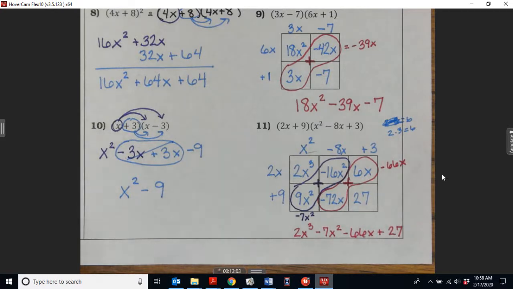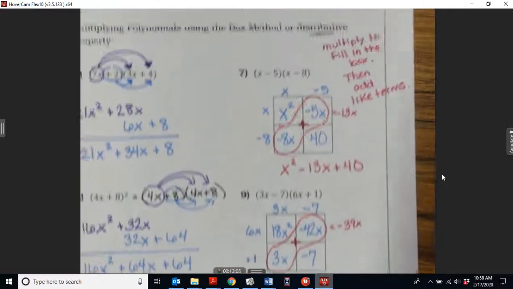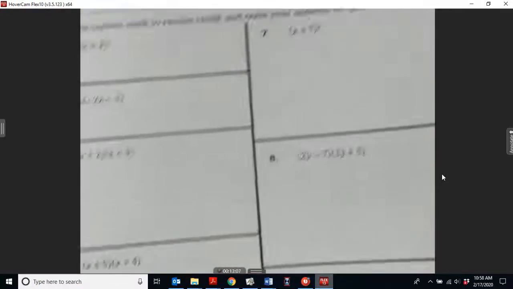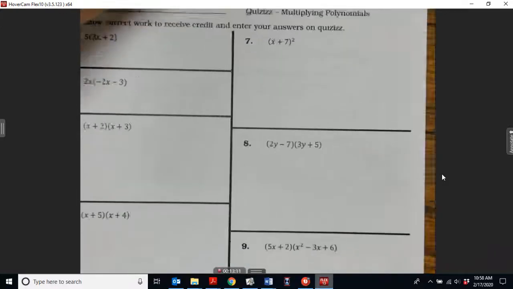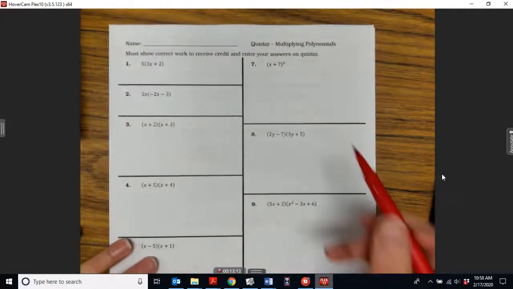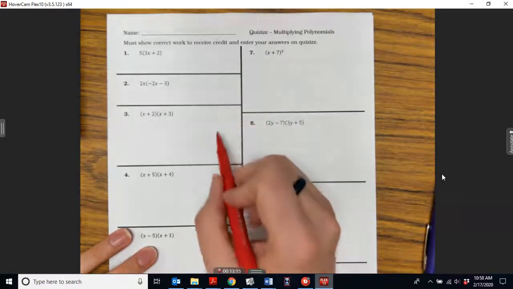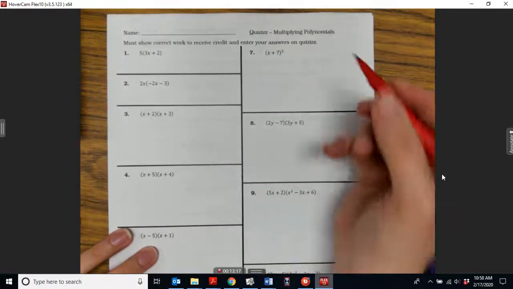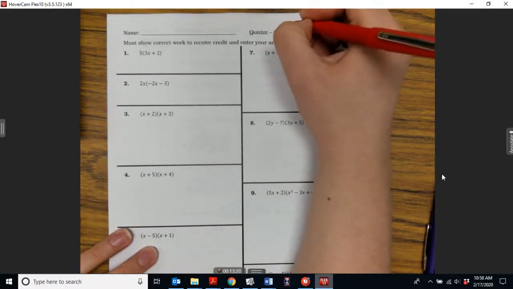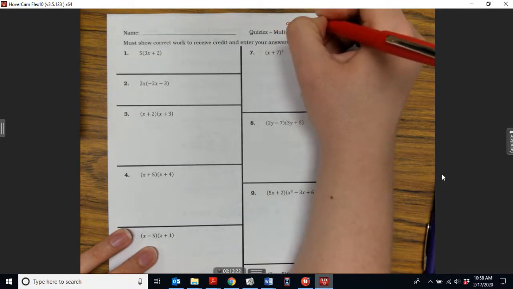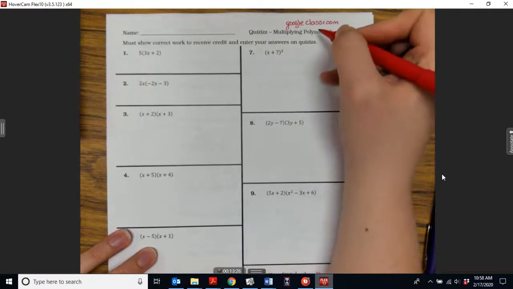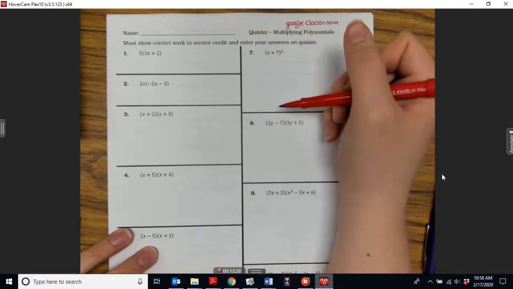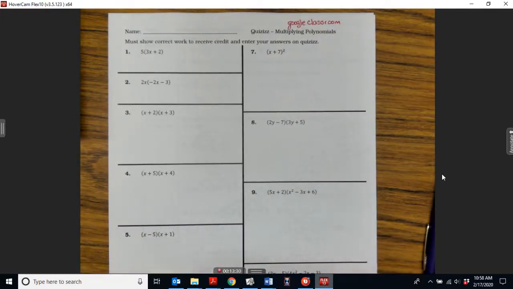All right, at this point, you are going to practice this, and if you turn your paper over, you will see multiplying polynomial quizzes. So here are all the questions, but you need to go to Google Classroom. And click on the quizzes assignment, and it will give you some multiple choice to help you know that you're going in the right track.